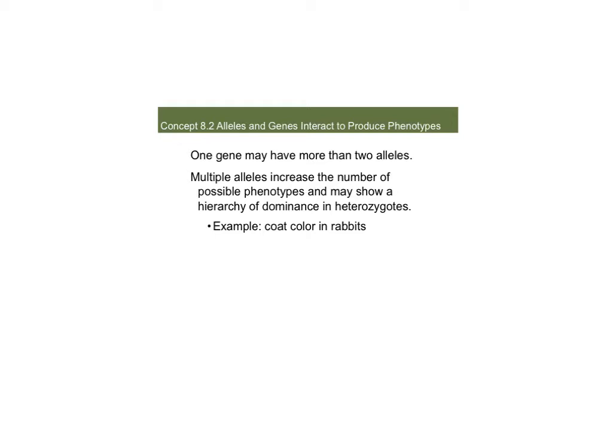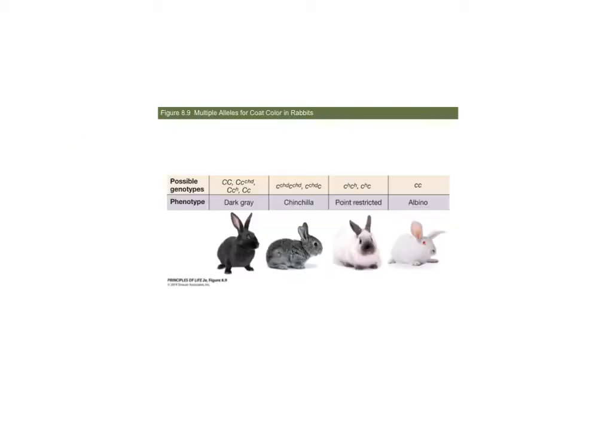We refer to these genes as having multiple alleles, meaning more than the two options we're used to seeing. An example could be coat color in rabbits. If we were thinking about a normal situation with the alleles, we would expect to see genotypes with capital C's or lowercase c's.